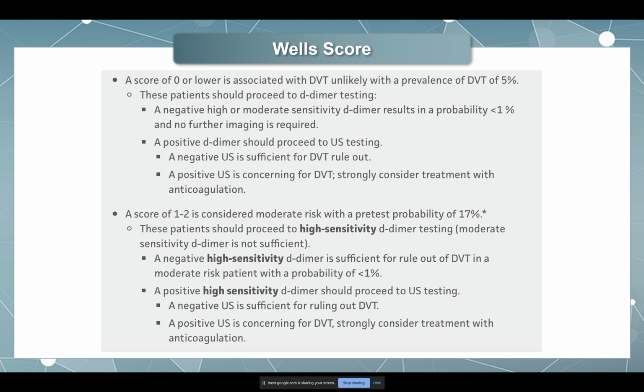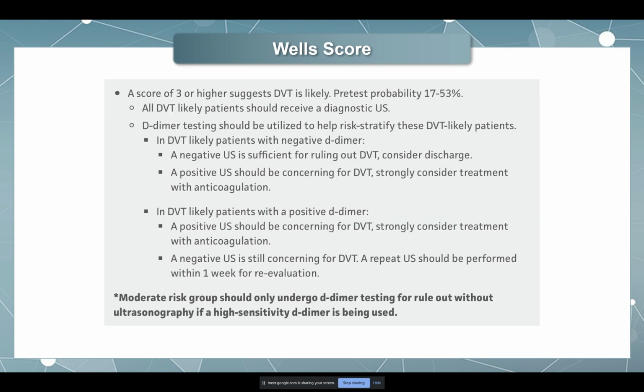So kalau D-dimer negative, it's sufficient to rule out the DVT. If positive D-dimer, then we have to proceed with ultrasound to rule out the DVT. Negative ultrasound can rule out DVT. Positive ultrasound with DVT score 1 to 2, so strongly concern of DVT lah, we can start the treatment with anticoagulation.